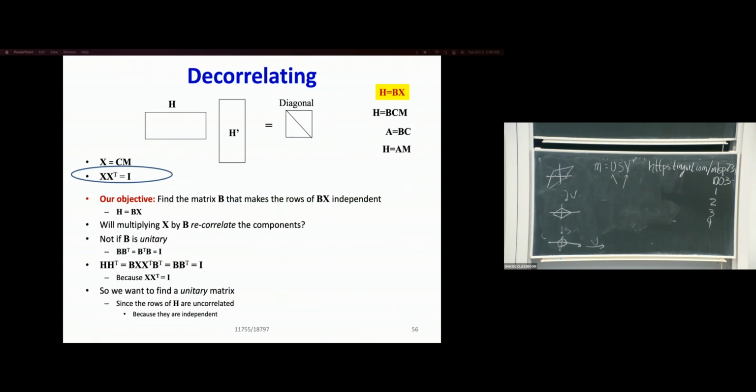So we have to enforce that B is unitary, meaning that B transpose B is identity. If this property is there, then you can rotate. Anytime you multiply by a unitary matrix, you rotate the data. If it's anything else, you can actually screw it up. So we want to find a unitary matrix so that the rows of H are uncorrelated.